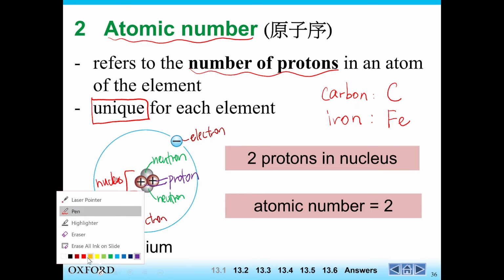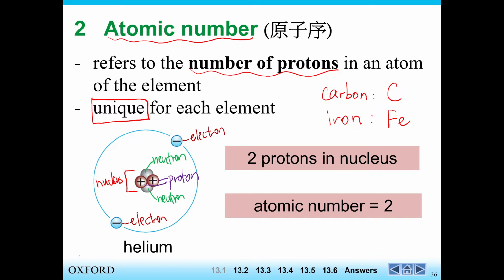Also, I'll add one more point over here. Not only the number of protons, what's the number of electrons? In the previous video, we learned that the number of protons is equal to the number of electrons. And from the atomic structure, you could see that there are 2 electrons.